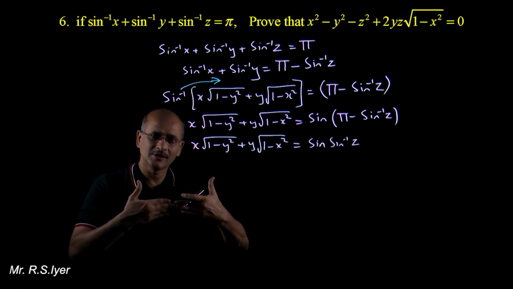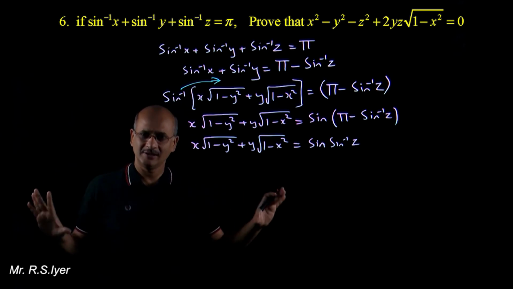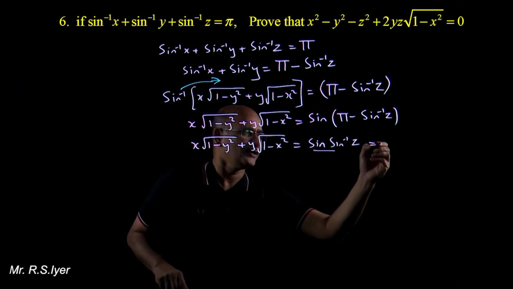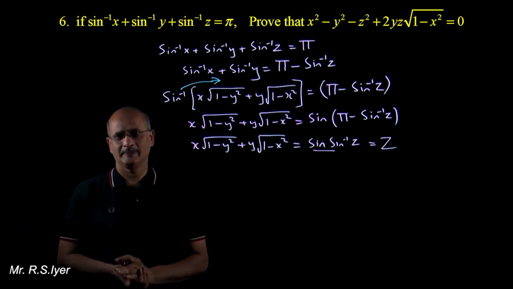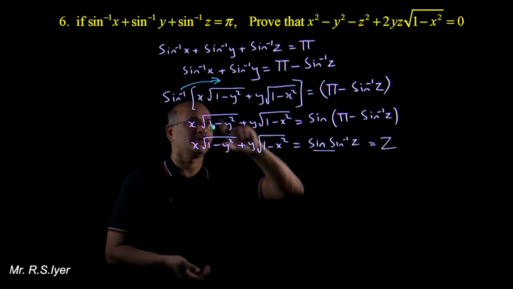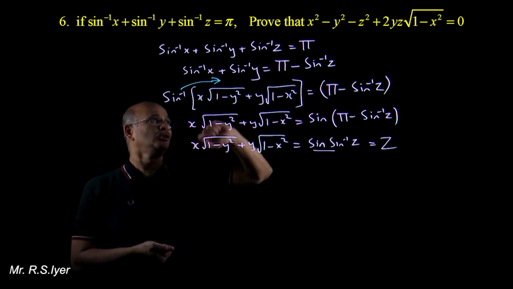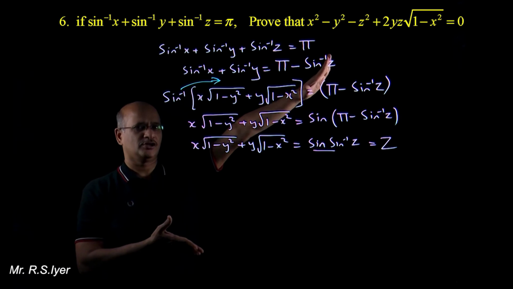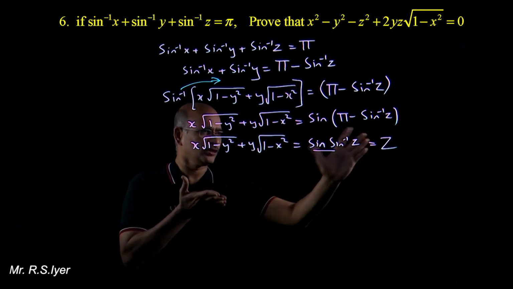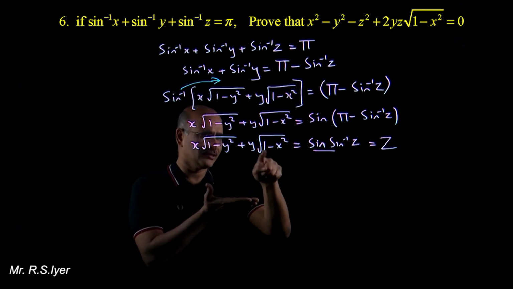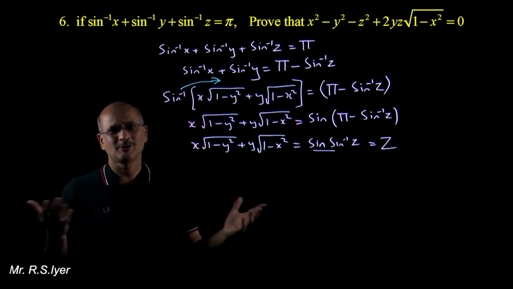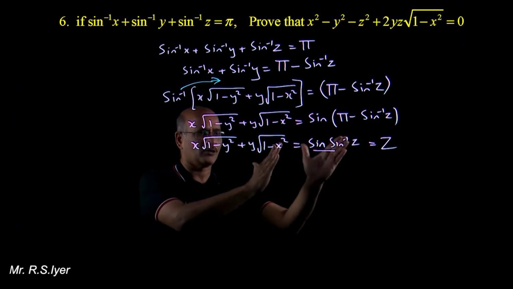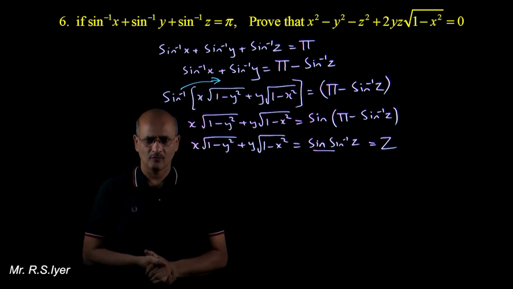Sine of sine inverse z. Sine gets nullified. Right? So this part goes off and finally what is left out? It is z. Now see the objective. Look at the proof. To prove x square minus y square minus z square, all algebraic functions. Now here if this goes off z, so this is algebraic, this is algebraic, this is algebraic. So my job is done. So now I have to just look at the basic part of it and see what I can work out.